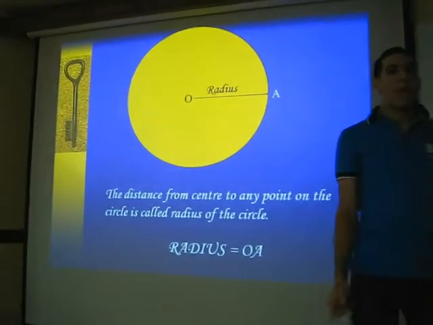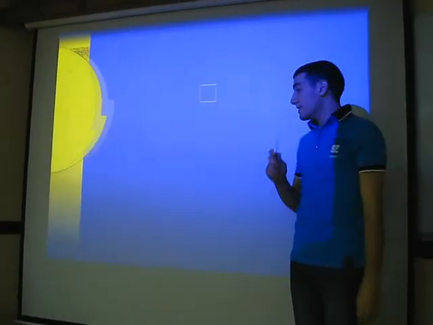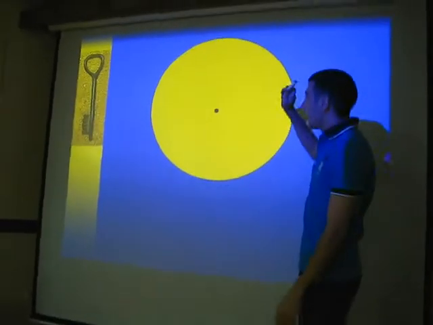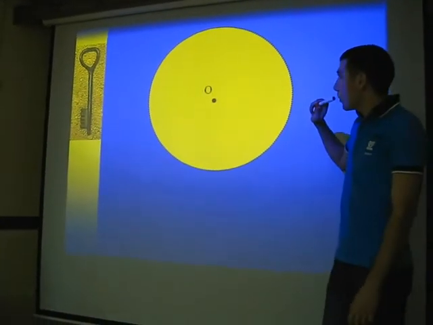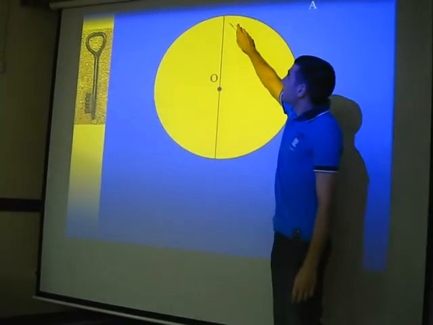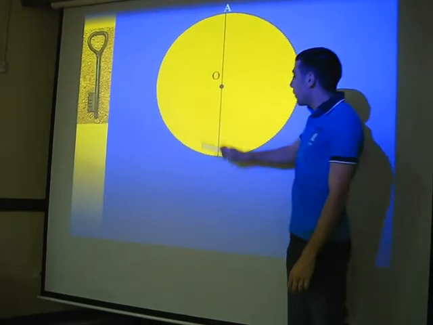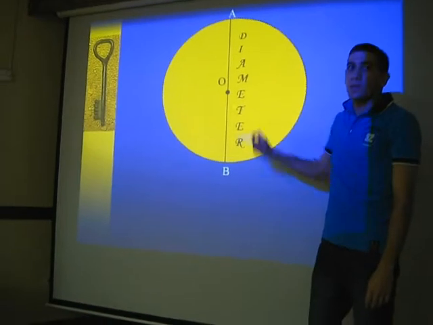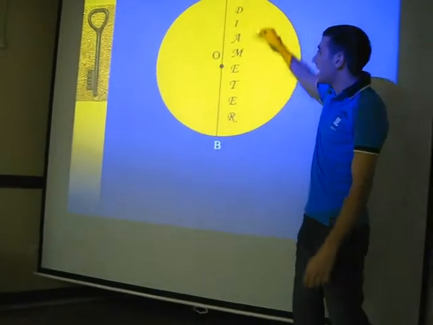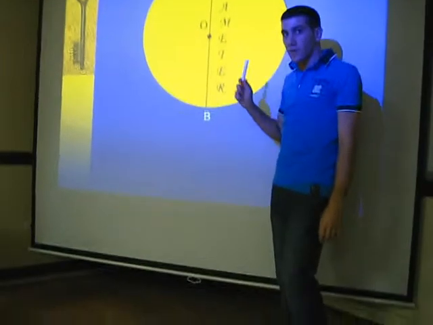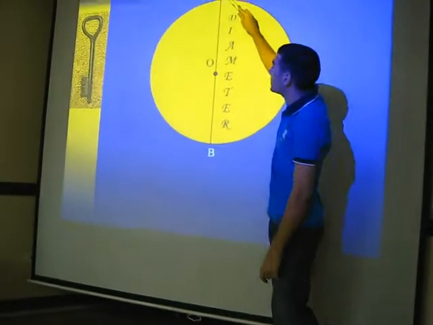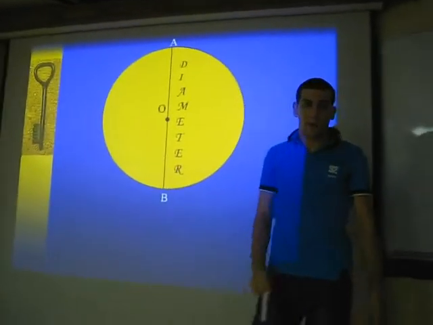What about the diameter? The diameter is a line segment between two points. It starts from A to B, but it must pass through the center. We call this line the diameter. It's a line segment between two points A and B, passing through the center of the circle.